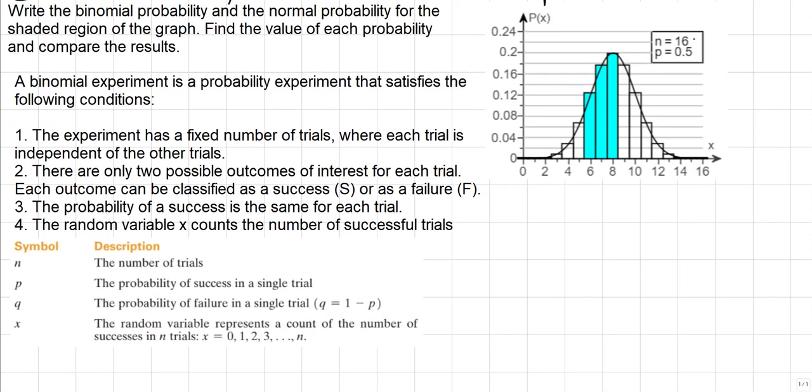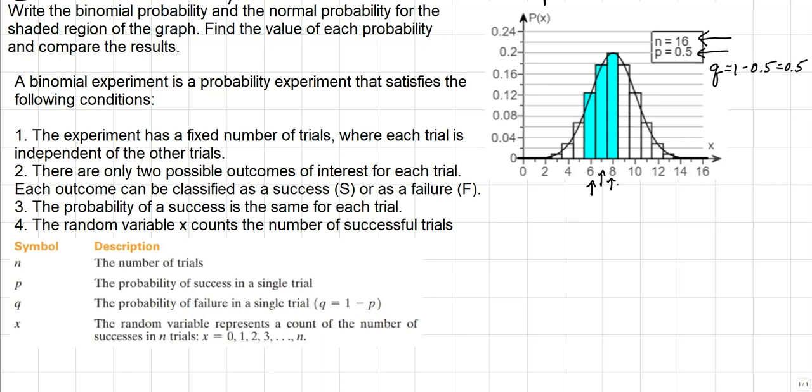First off, we're given the fact that n equals 16, which is our number of trials, and we're told that p is equal to 0.5, which means that q will be equal to 1 minus 0.5, which is 0.5. Then we look at the shaded region, and we see that it encompasses 6, 7, and 8.